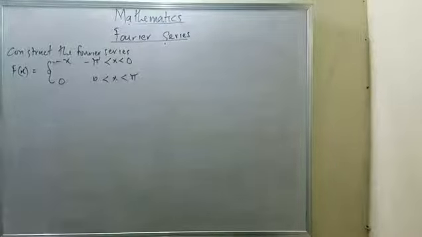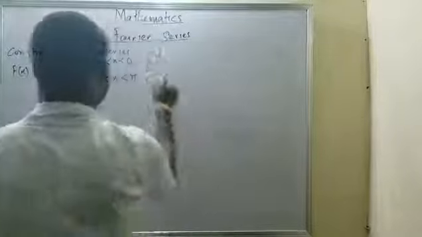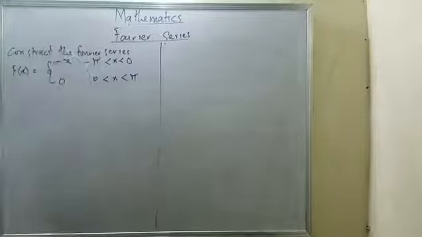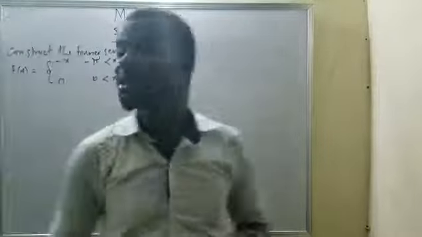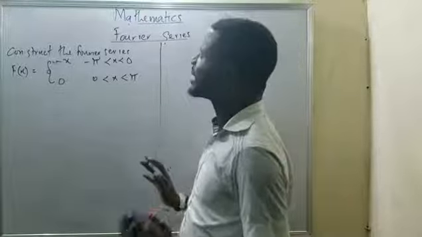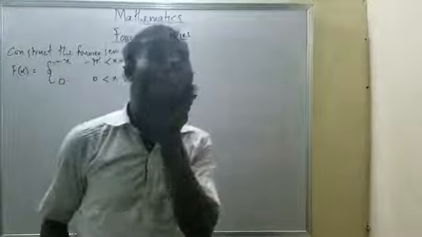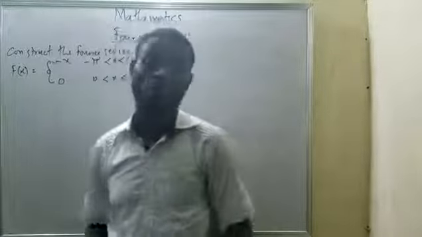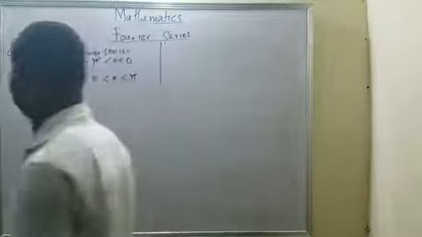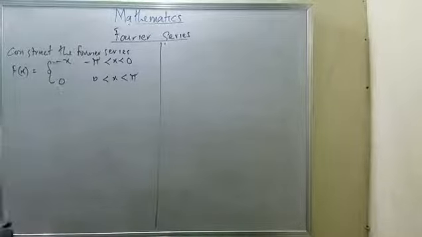Now, the solution to this problem. This is a very good question that we need to understand. When you have this type of problem, it's very easy to handle, but the most important thing is the ability to handle your integration very well, I mean trigonometry, when you're handling it.